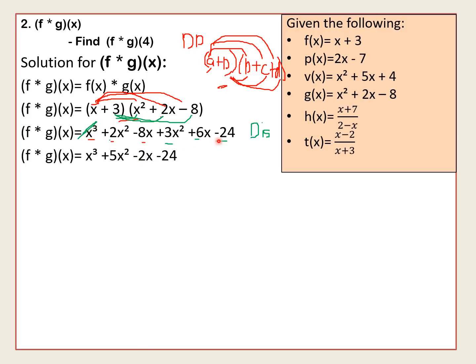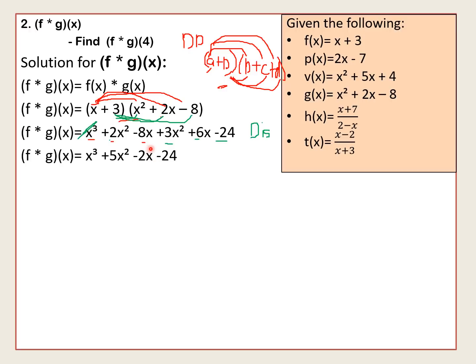Tapos, ang constant natin, since wala siyang kasama, therefore, isusulat lang natin siya. Now, dito, tingnan natin, meron pa ba tayong i-simplify dito? Wala na. Therefore, the value for the product of two functions f and g of x is equal to x cubed plus 5x squared minus 2x minus 4.